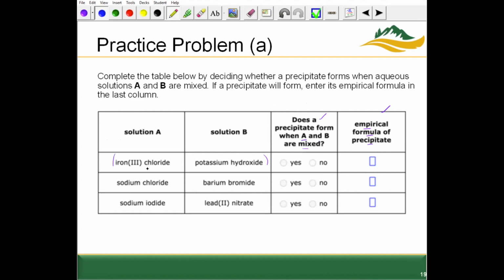Here we have iron 3 chloride and potassium hydroxide. The very first step is to take these names and write out the chemical formulas. So iron with Roman numeral 3 means iron 3 plus. Chloride, it's a halogen, Cl, it always makes -1 anions. Or it most stably makes -1 anions.